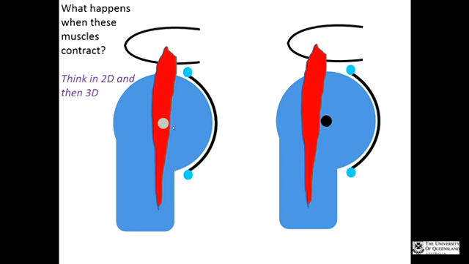So this would neither abduct nor adduct the joint. However, if you think in 3 dimensions, this being a ball and socket joint, then a shortening of this muscle on the anterior aspect of the body would tend to rotate the joint towards you so that the distal humerus moves out of the plane of the screen. So it would generate flexion.